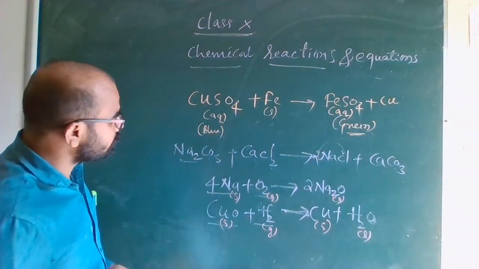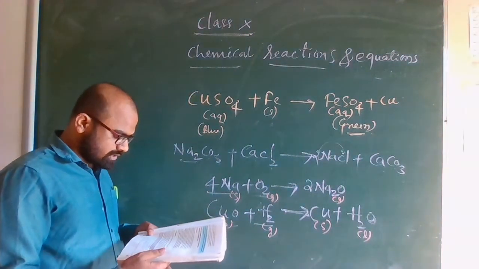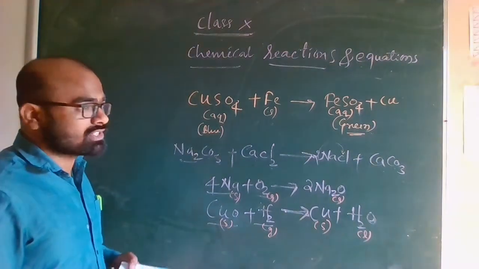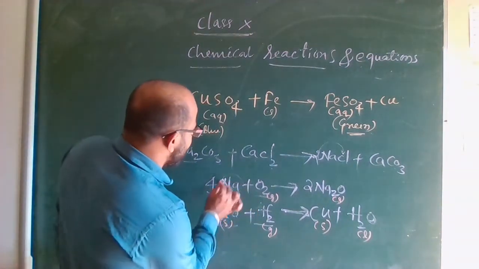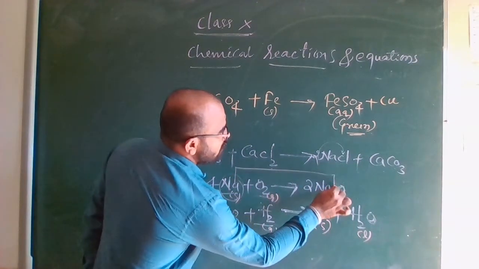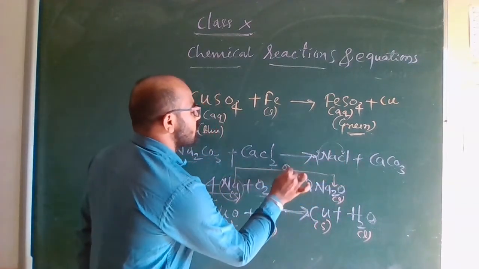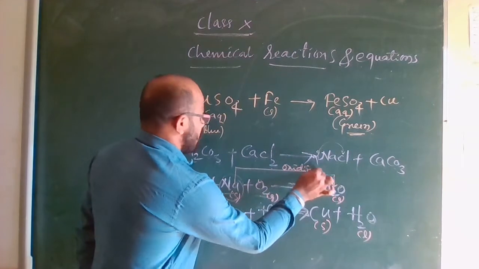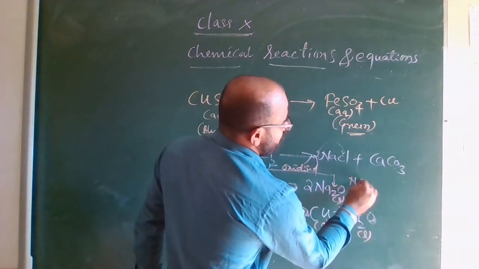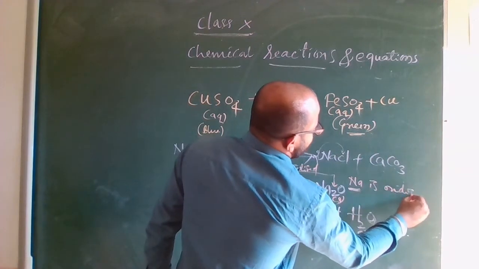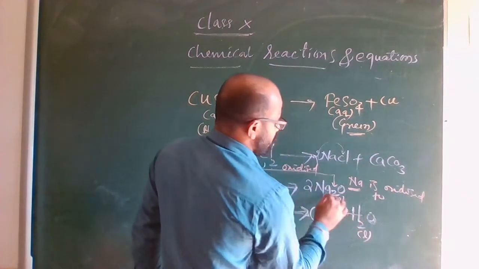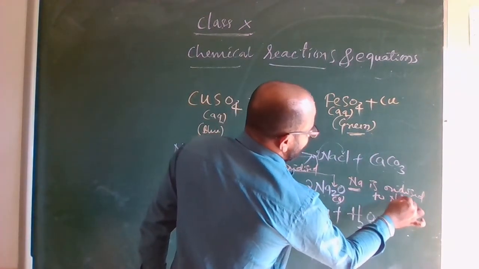Okay, see here, they have asked which are reduced and which are oxidized. See here, Na got the oxygen here, so it is oxidized. How can we say sodium, or Na, is oxidized? Na is oxidized to sodium oxide, that is Na2O.